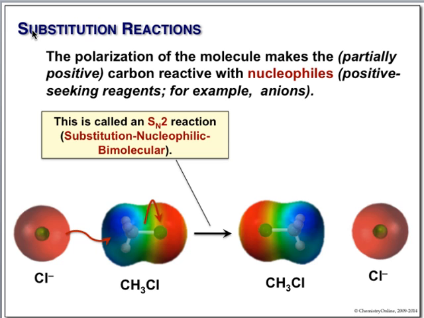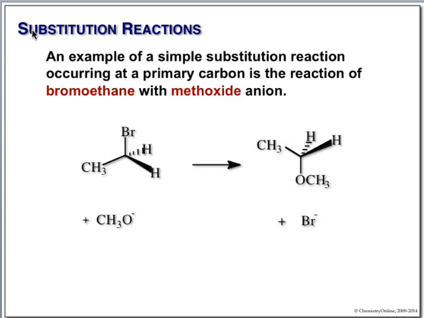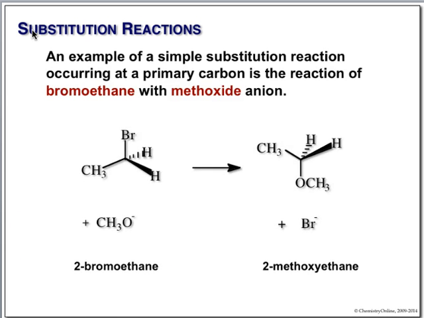This is, as we've said before, what's known as an SN2 reaction. S stands for substitution, N for nucleophilic, and 2 for bimolecular. Now, we'll talk a little bit about what we mean by bimolecular. Basically, all it means is that in the rate-limiting transition state, we have 2 molecules. So we'll see that in just a moment.